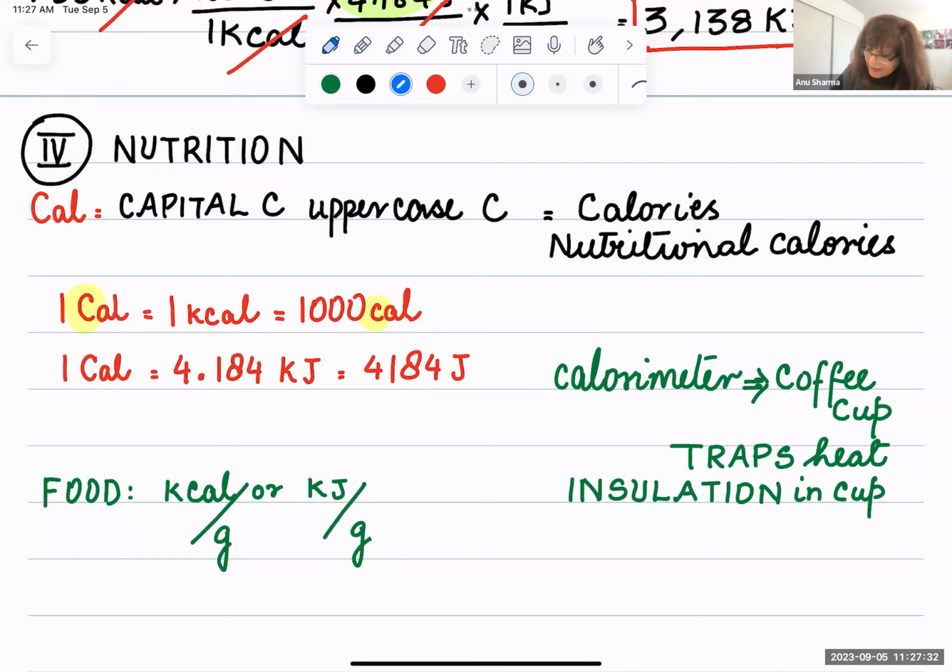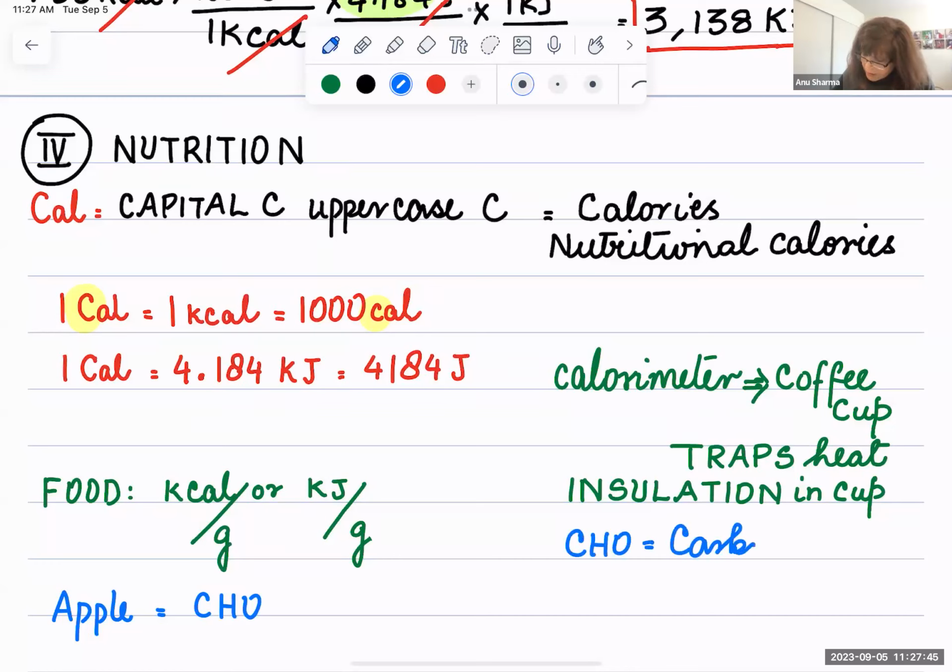So let us say, for example, you have an apple. In an apple, the main thing is carbohydrates. I'm going to just put it here, CHO stands for carbohydrate.